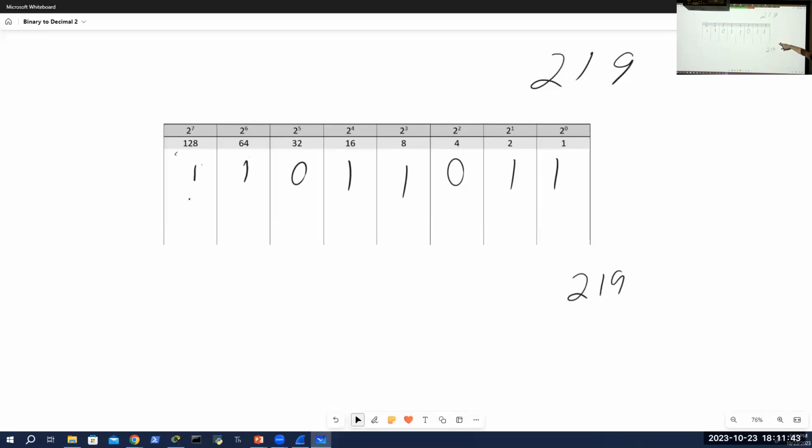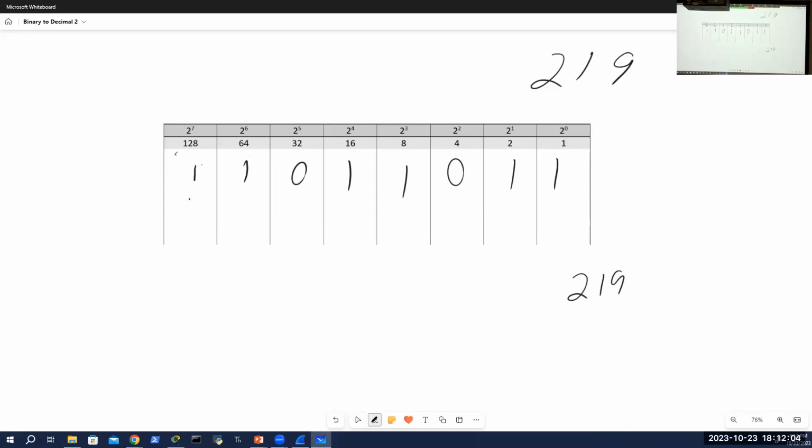So if your number is bigger than 255, you need to go over to the 256's place. And if it's bigger than 511, you have to go over to the 512's place and so forth. But we're mostly going to be working right here.